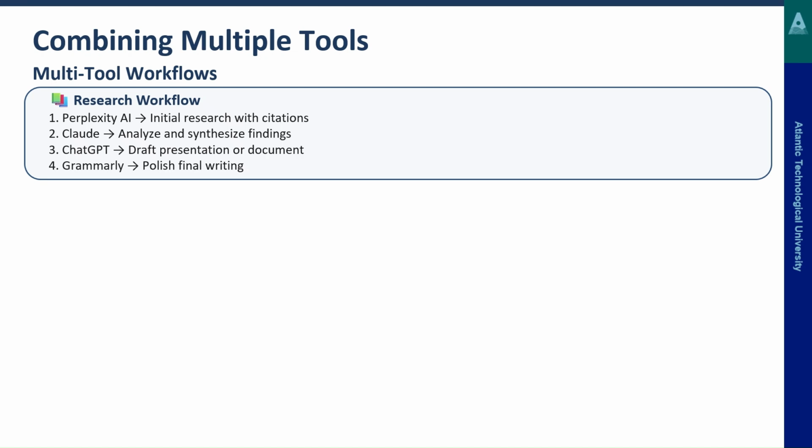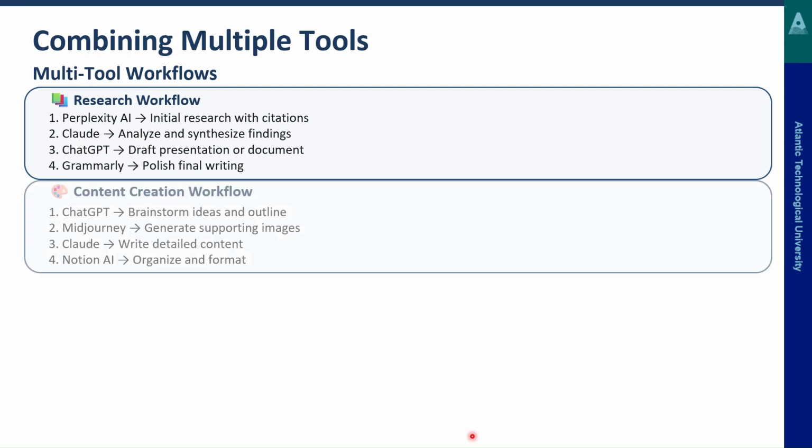Then I could go over to ChatGPT and get it to draft a presentation or a document based on Claude's output. And finally I could use Grammarly to polish ChatGPT's draft presentation. So this would be one way that we could start with this model, feed its output into this model, feed its output into this model, and then feed its output into this. And at the end, hopefully have a nice, fully polished research document.